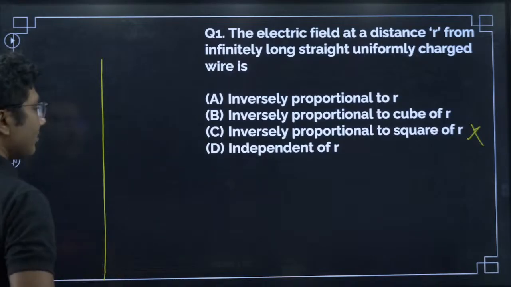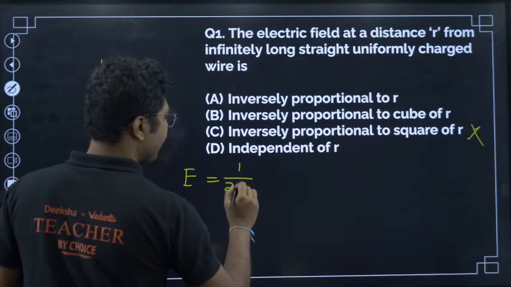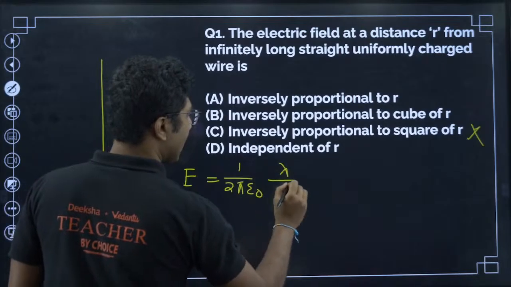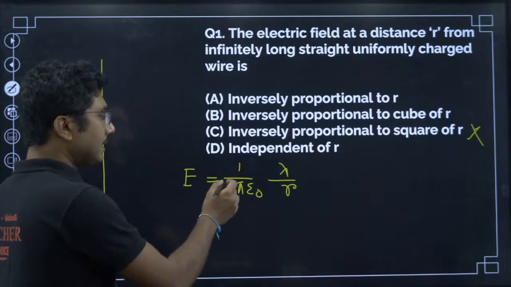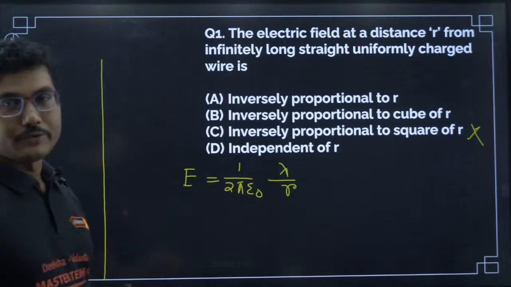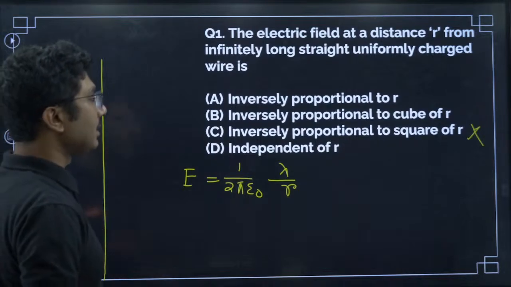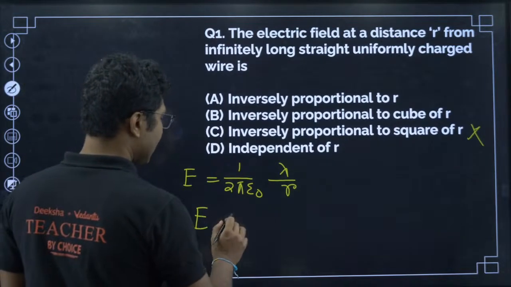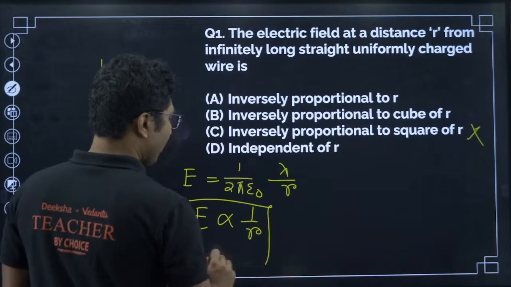For an infinitely long straight wire, the electric field was given by 1 by 2 pi epsilon naught times lambda by r. If you remember, this was the expression, right? I generally try to write it as 4 pi epsilon naught and 2 lambda over here, so whatever you are comfortable with. This is the expression for electric field due to an infinitely long straight wire. So electric field is directly proportional to 1 upon r, not 1 upon r square.